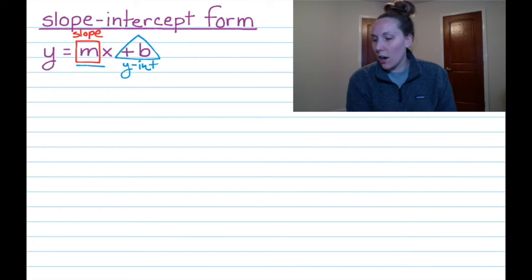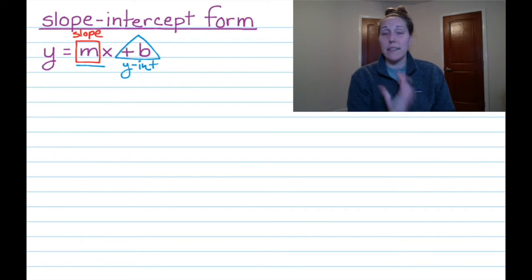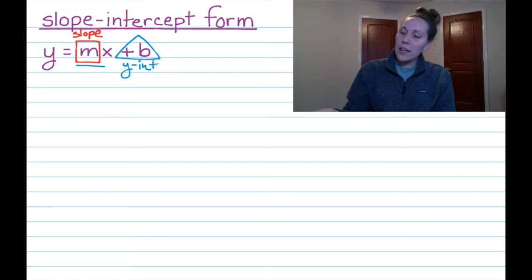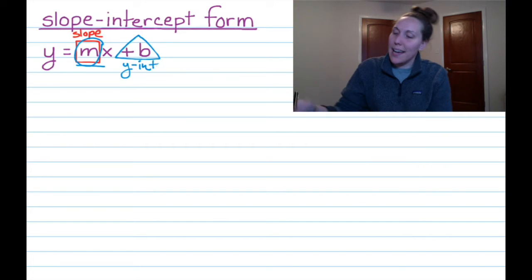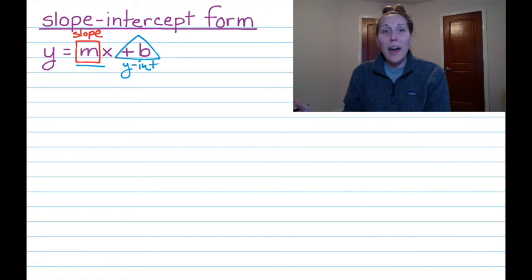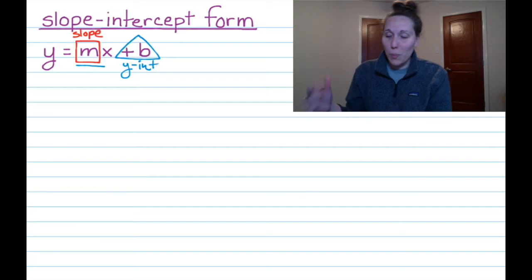Y-intercept is our plus b all the way over on the far right, which again can be any plus or minus value, and you're going to see that just represented by a number. It's really important that you include the sign though, because it could be positive or negative. And then our slope, again, is just whatever number is right up here, right against x. So that is what slope-intercept form means.